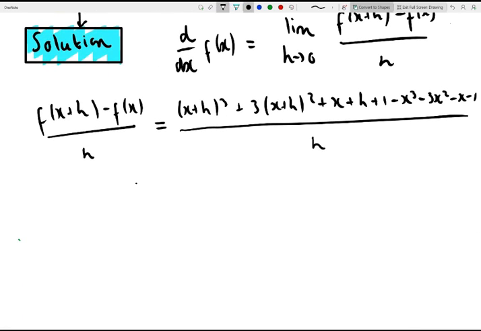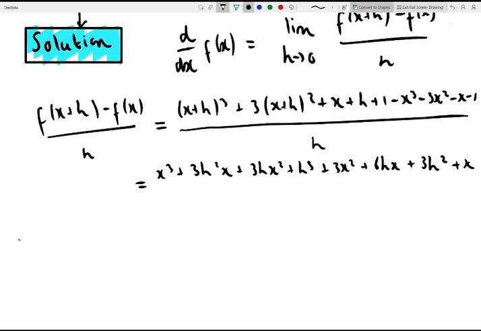So now we need to multiply this out, and we have x cubed plus 3h squared x plus 3hx squared plus h cubed plus 3x squared plus 6hx plus 3h squared plus x plus h plus 1 minus x cubed minus 3x squared minus x and minus 1.